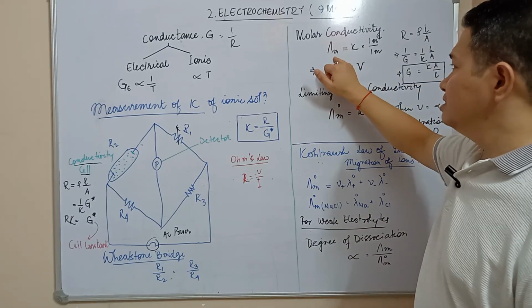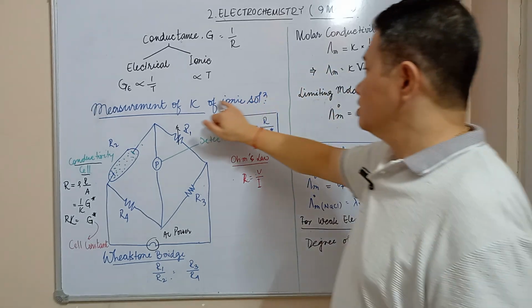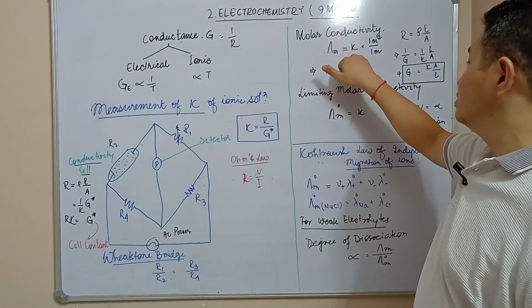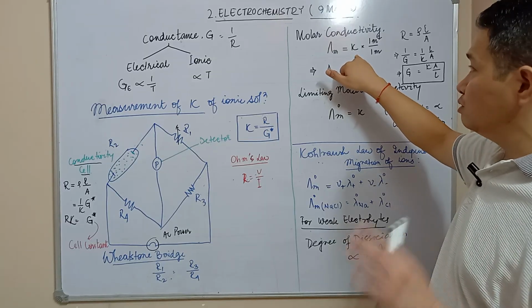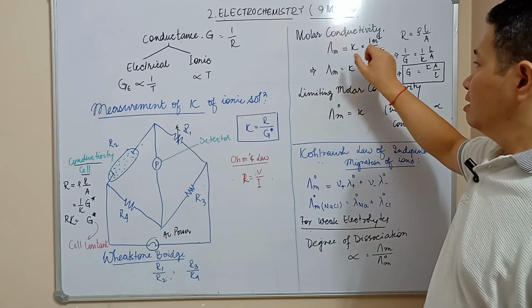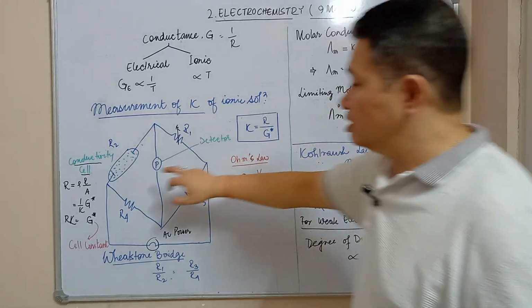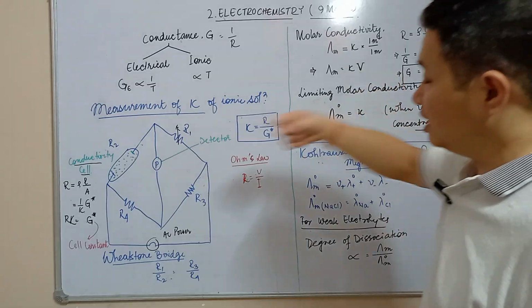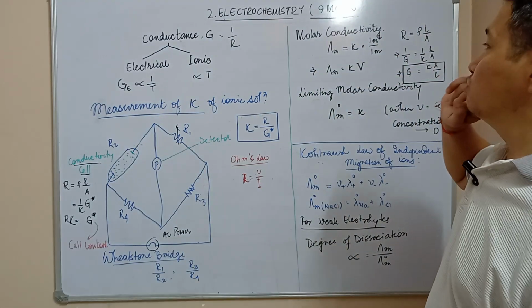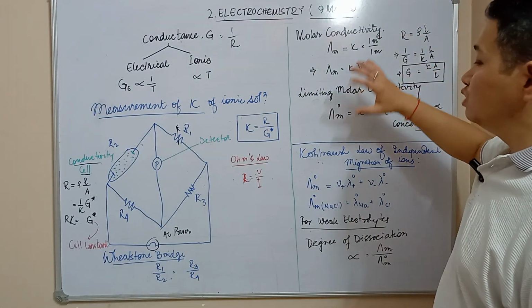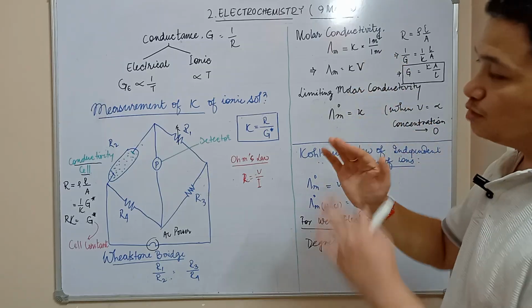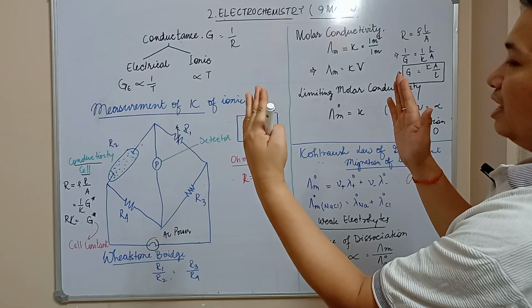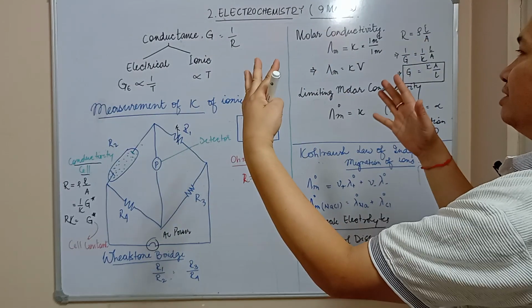So what is molar conductivity? It's not simply the conductivity. The molar conductivity is equal to the conductivity of the ionic solution when the distance between the two platinum plates is 1 meter, or unit distance, and the area of cross section is 1 square meter, or unit area.